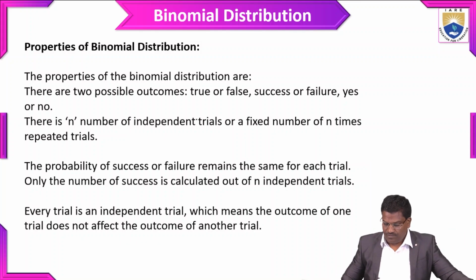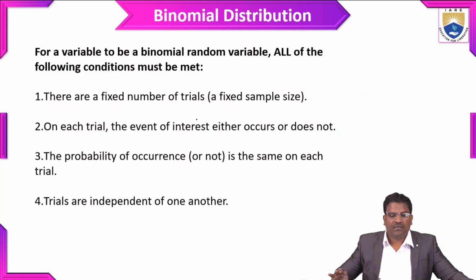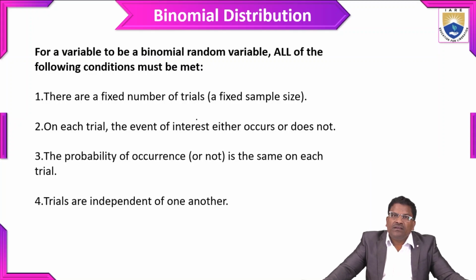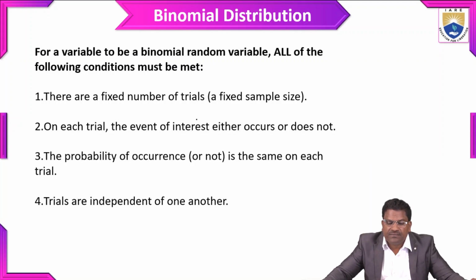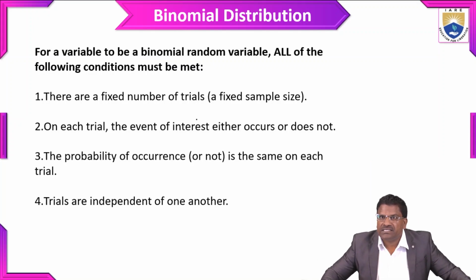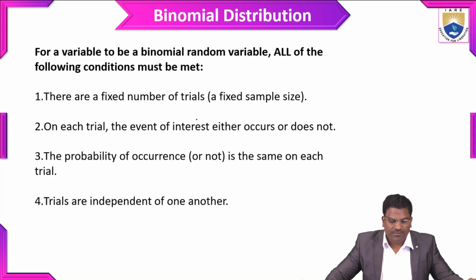So, for a variable to be a binomial random variable, all of the following conditions must be met. There is a fixed number of trials. On each trial, the event of interest either occurs or does not. The probability of occurrence or not is the same on each trial.